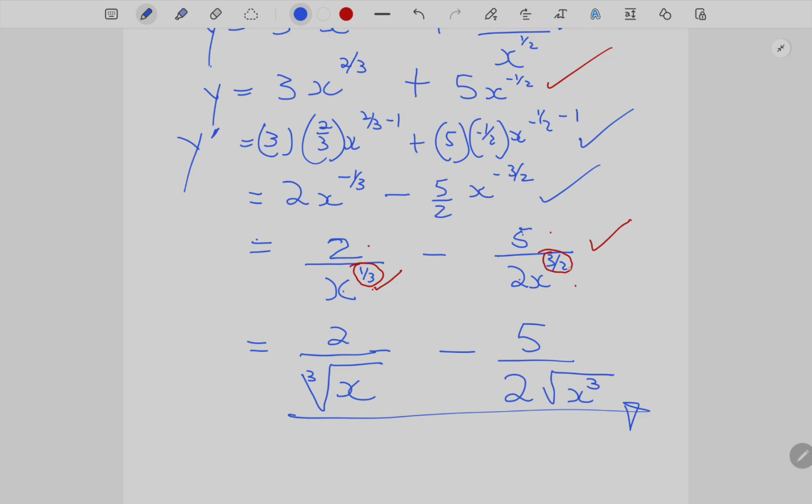Remember the meaning of square root, it means there is an invisible 2, but you don't need to write that 2. So that is why your answer is just square root of x to the power of 3. So this is the final answer. Thank you.